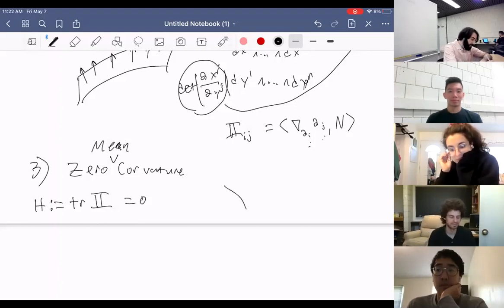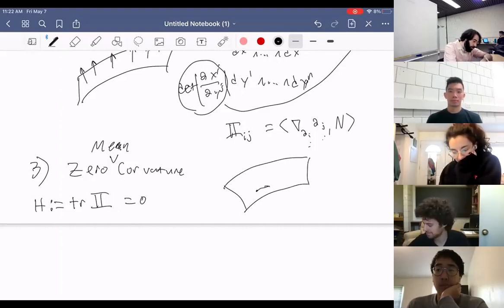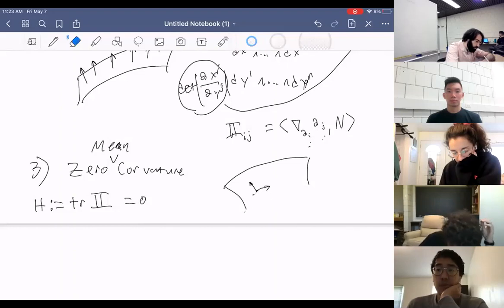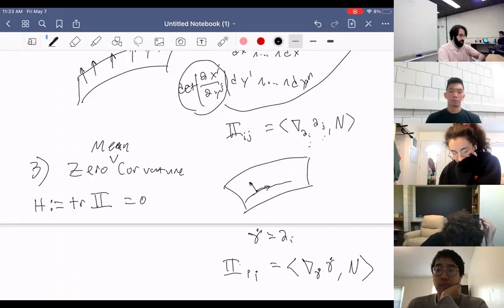So if we have some minimal surface here, and we have our two coordinate directions, the I direction and the J direction, and we look at a curve like this, and we say that gamma dot is equal to partial I, then the ith term of the second fundamental form is really just the geodesic curvature of gamma in a product with n.